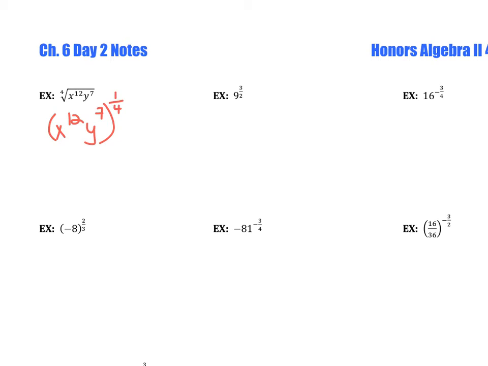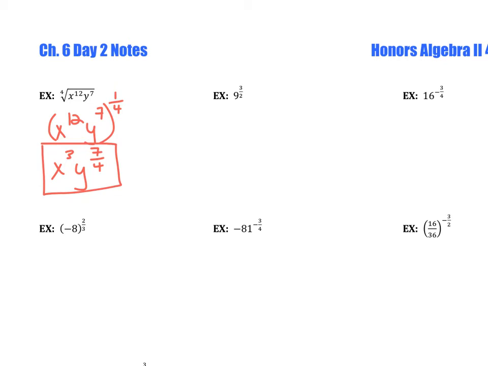If it's the fourth root, it's going to be raised to the 1/4 power. Then we'll use the properties of exponents that we know. x to the 12th raised to the 1/4 would be x cubed because we multiply 12 times 1/4. Similarly, it would be y to the 7/4. Okay, and that will be our final answer.